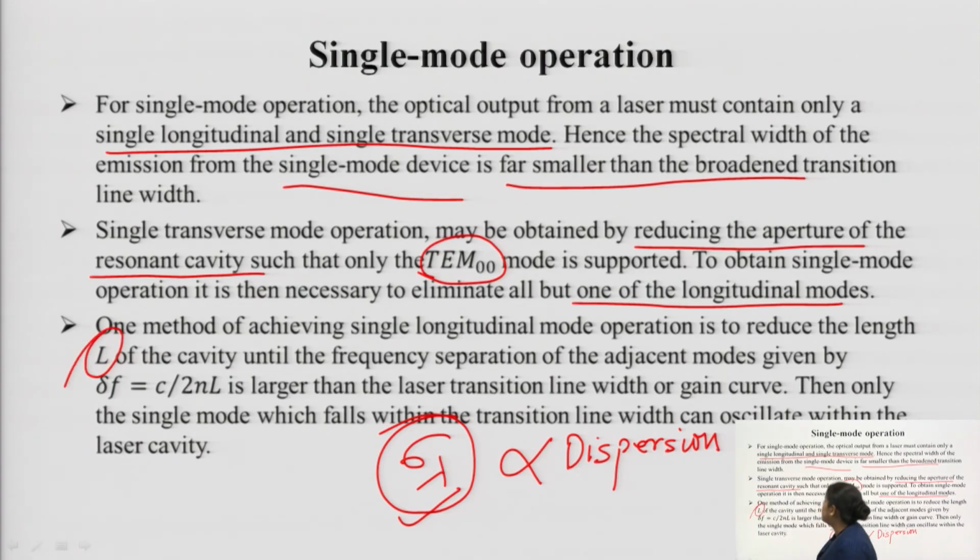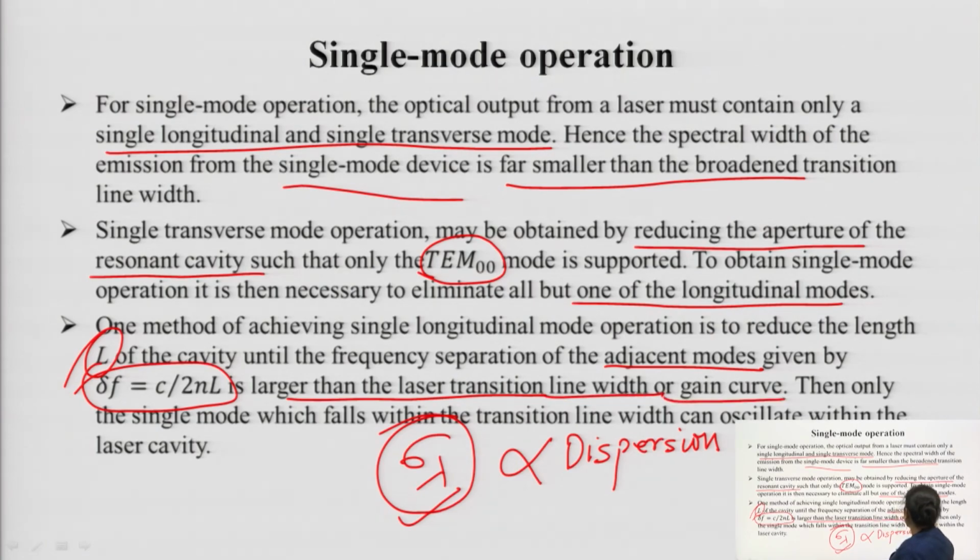Reducing L is one of the methods, until the frequency separation of the adjacent modes, which is given by this equation, is larger than the transition line width or gain curve. Then only a single mode which falls within the transition line width can oscillate within the laser cavity.